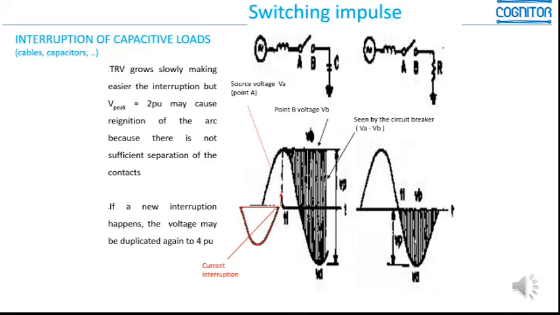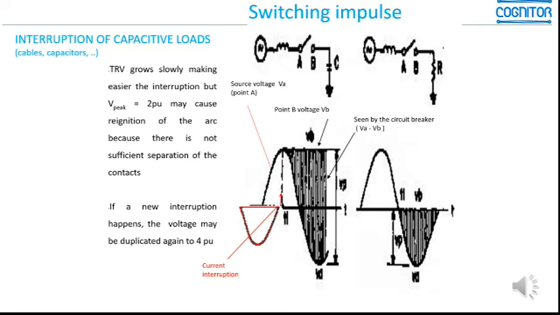If you are interrupting a long length of underground cable, you are interrupting one capacitive load. And in all the cases, you have one inherent case of a big 2 per unit voltage appearing just after the moment of the current interruption.